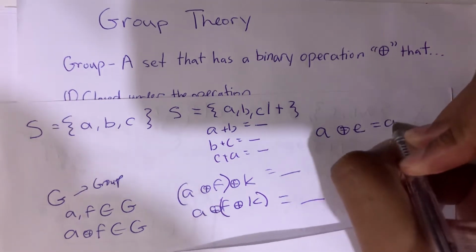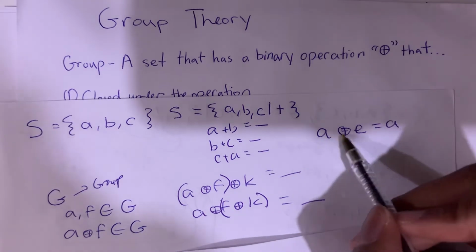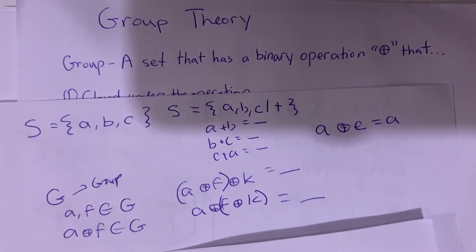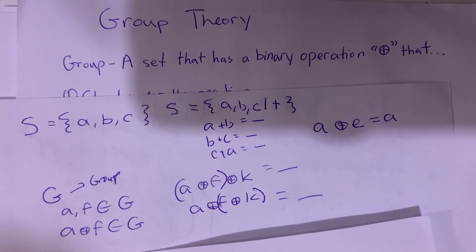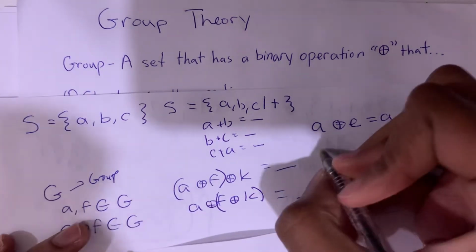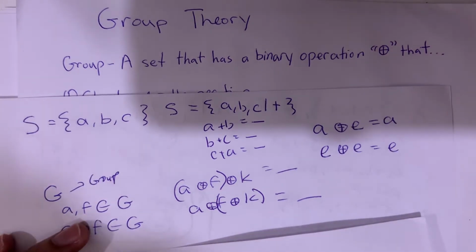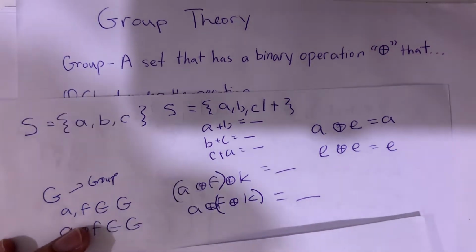I should just get A as a result. That holds for all members of the set, even for E: E operated with itself should equal E. So E has to be in the set, by the way.